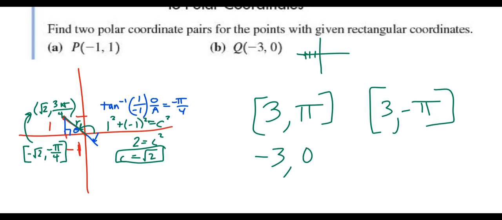Negative 3, 0. Polar. And negative 3, 2 pi.